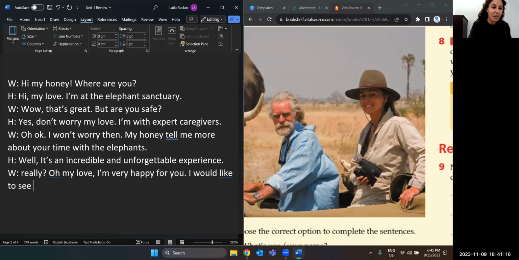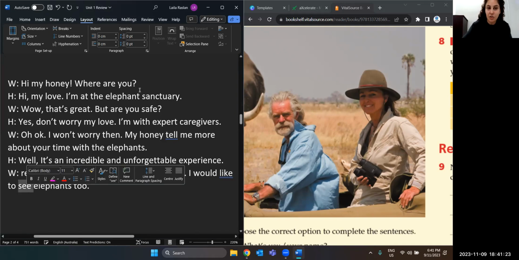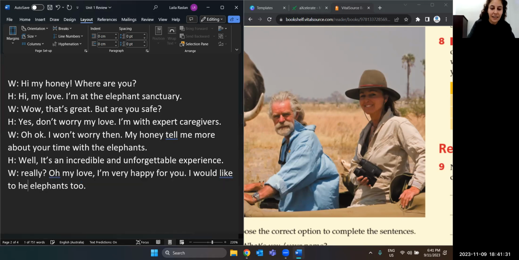I'd like to help out the elephants too, because sanctuary is where they're helping out the elephants. So he's not just going for fun, he's helping them out. I'd like to help out elephants too.